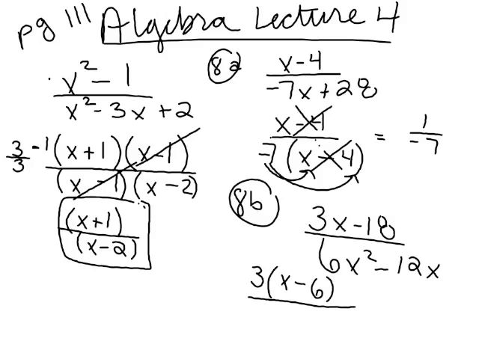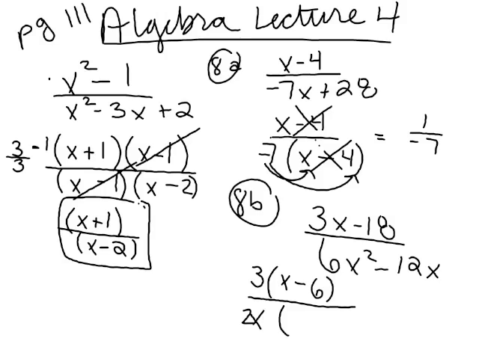Then down on the bottom, I want to end up with an x minus 6 somehow. So I can pull out an x from both of those terms. And if I pull out a 6, what's going to happen? So let's pull out a 2.